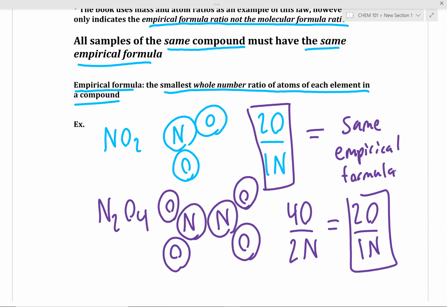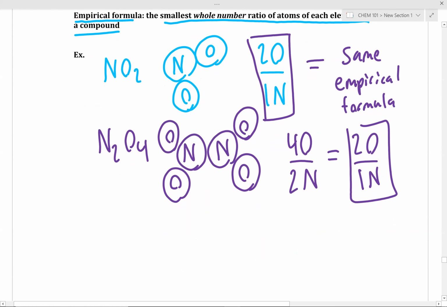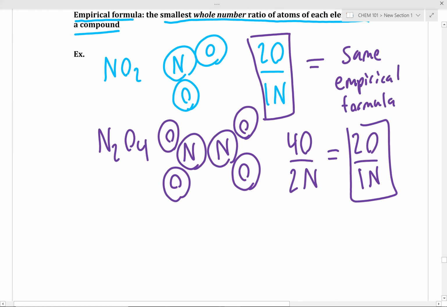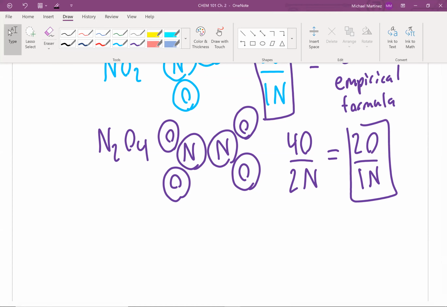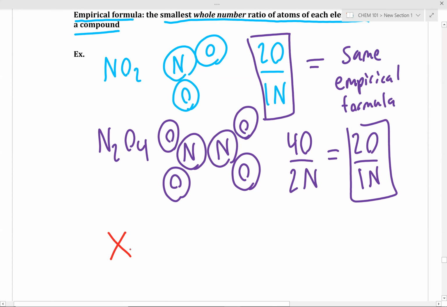The reason why I'm showcasing you this example is because there have been cases when chemists were attempting to differentiate various chemical species using mass ratios. For example, let's look at a mystery compound to drive home this point.